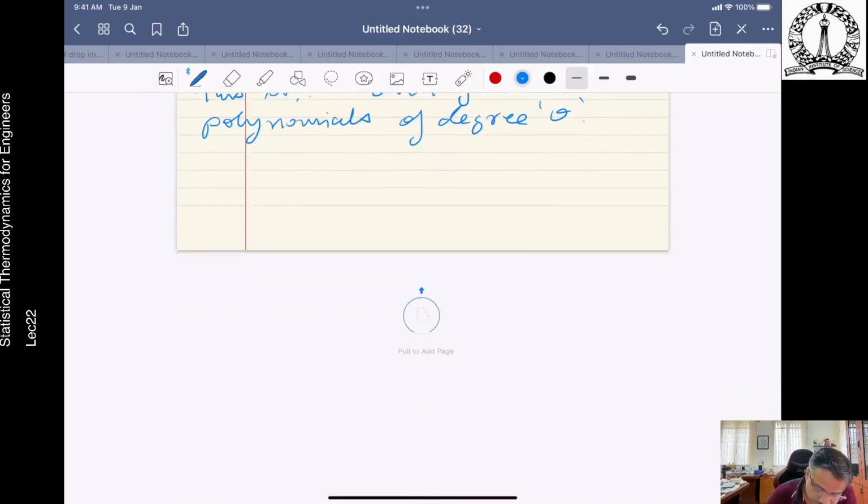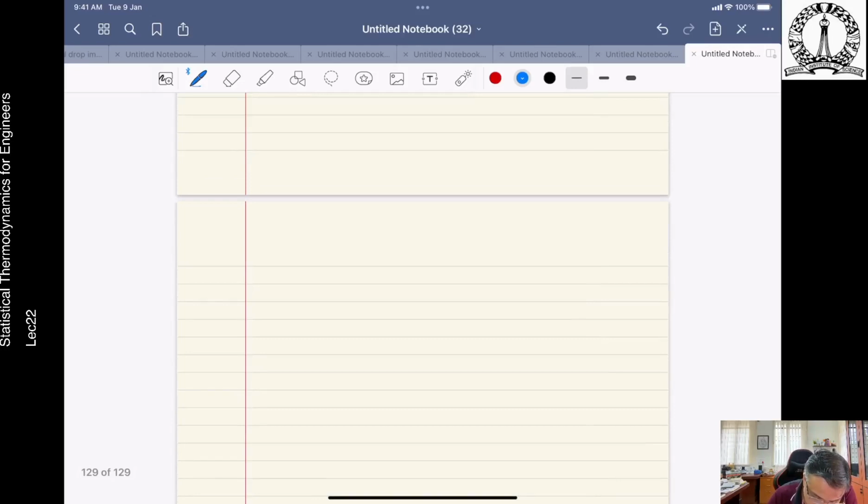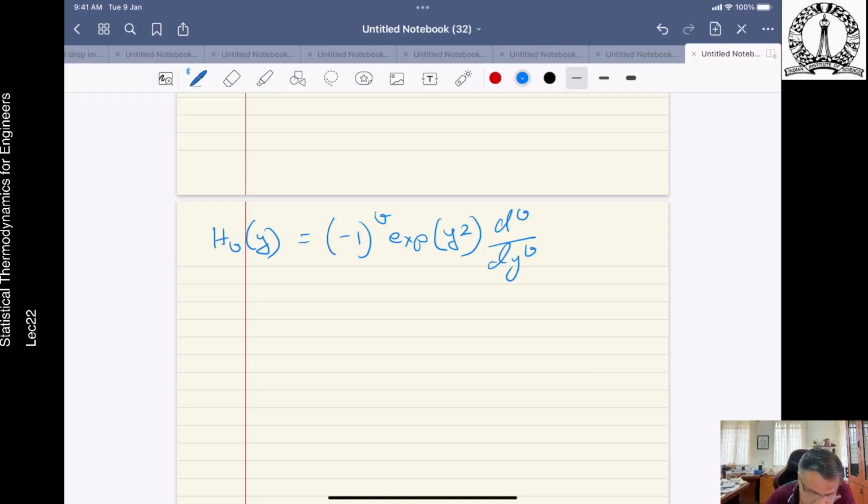The solution to this equation, which is a second order ODE, is H equal to minus 1 to the v, exponential y squared, d^v by dy^v of exponential minus y squared.